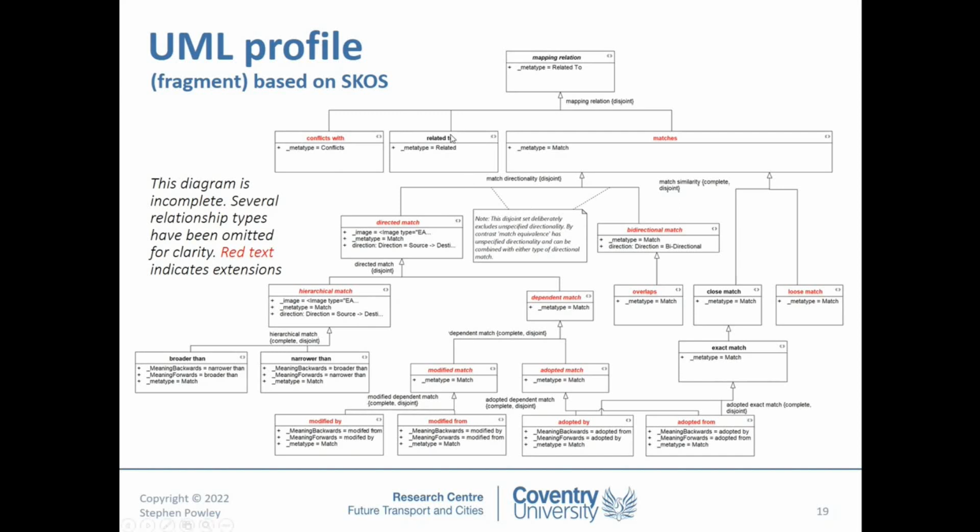So in black here are the original SCOS relationships, and in red are the extended relationships. Now, interestingly, this gets a little bit more complicated because actually we can combine these different relationships. So we may have a modified match, which is also understood to be overlapping, but also only slightly similar, so therefore a loose map.